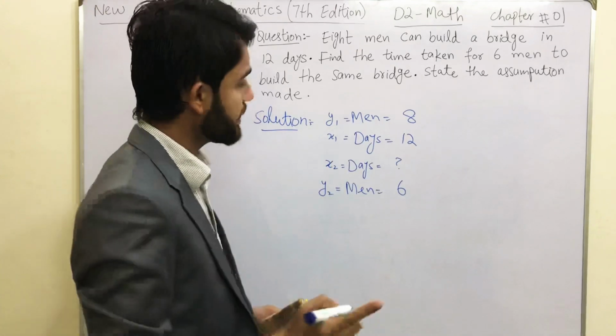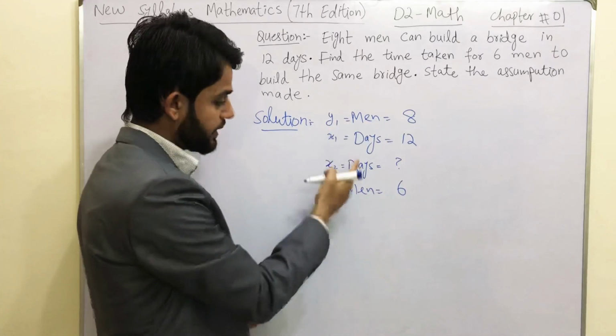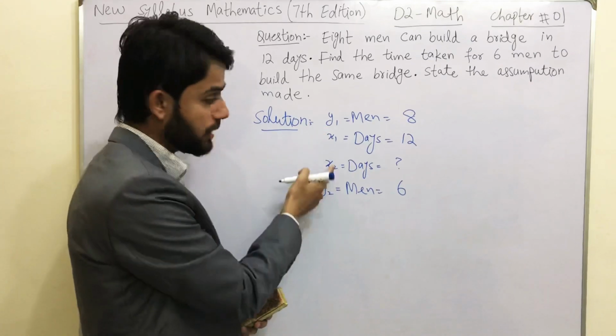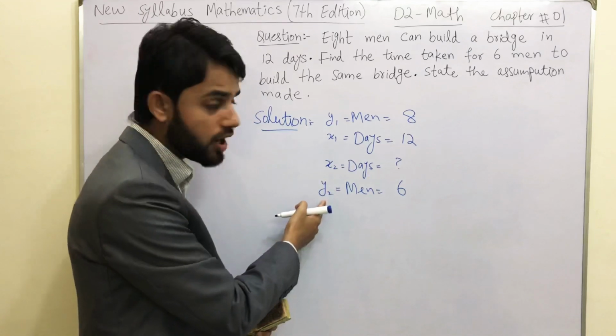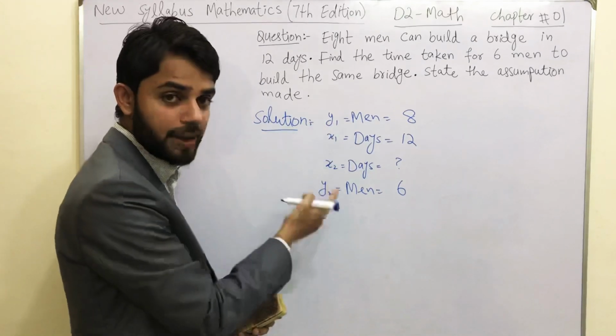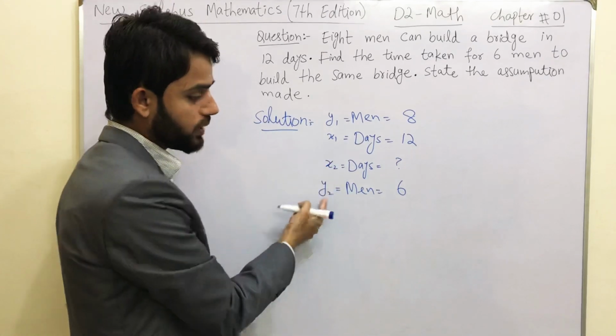Please keep in mind that if for these men you are mentioning y1, then these men should be y2. You can't change the variable. Yes, we can change the index, that's why this is y1 and this is y2, but you can't say y1 and x1. You need to maintain the balance. So y1, x1, and this is x2 and this is y2.